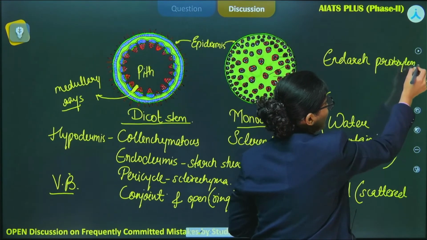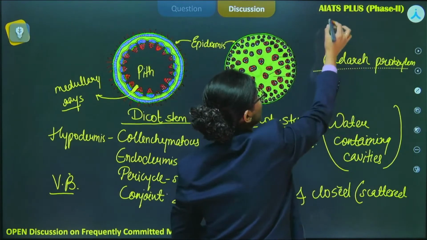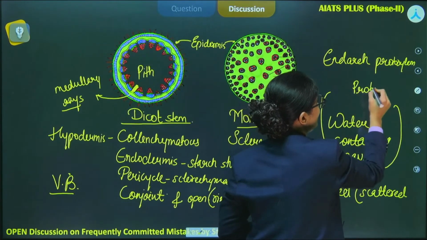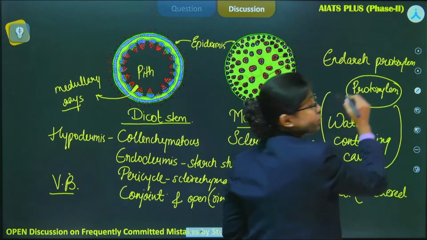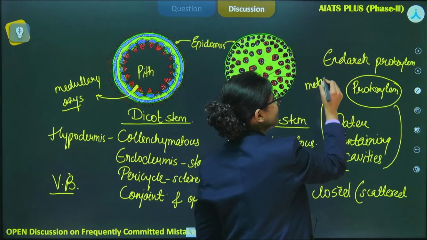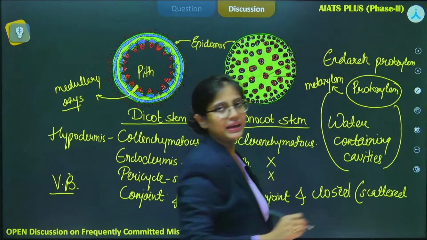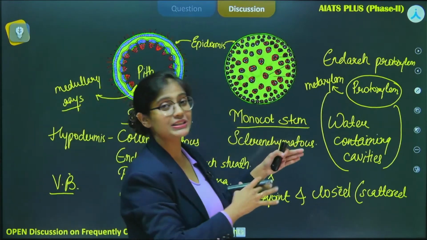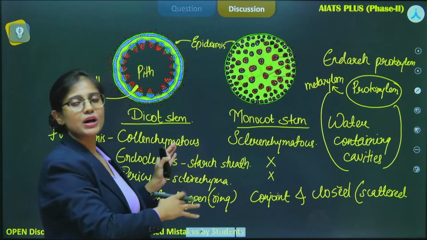If we talk about the arrangement of primary xylem, then protoxylem is actually present towards the pith, and metaxylem, which is formed later in life, will be present towards the periphery. So this is what endarch protoxylem arrangement is known as, and it is common in both monocot and dicot stem.